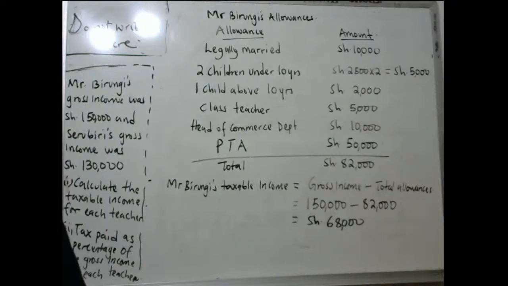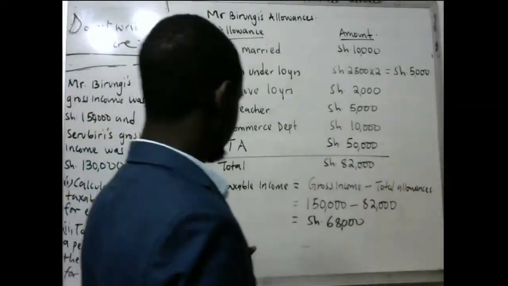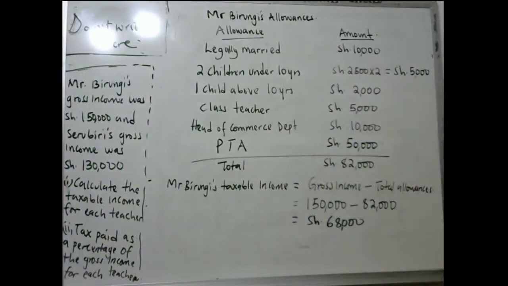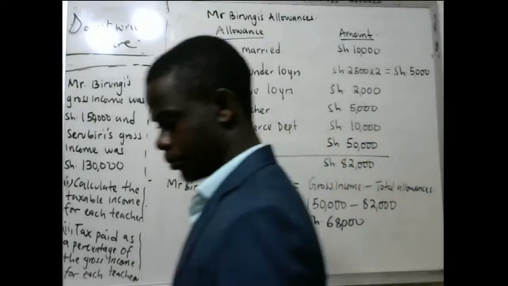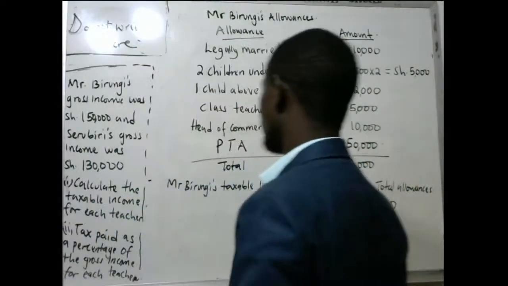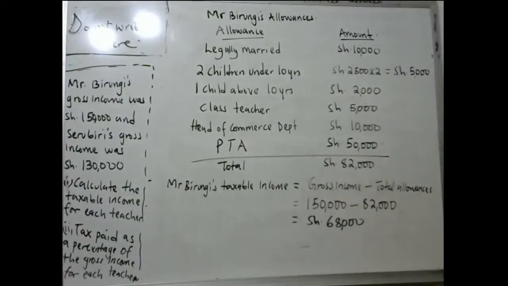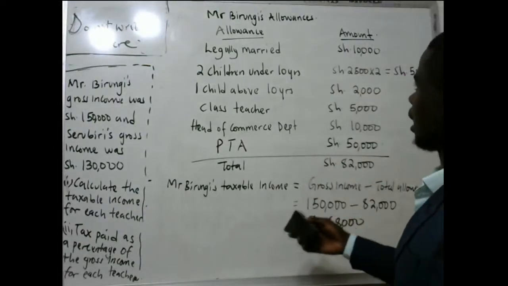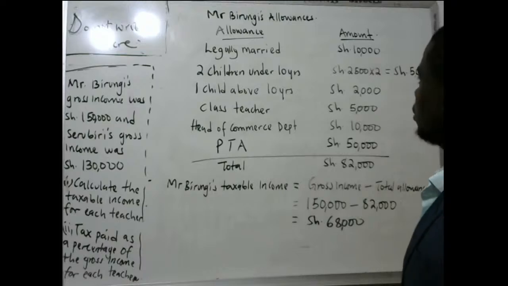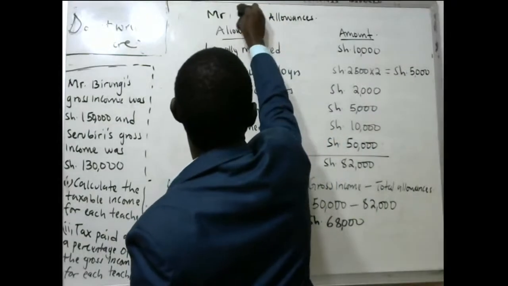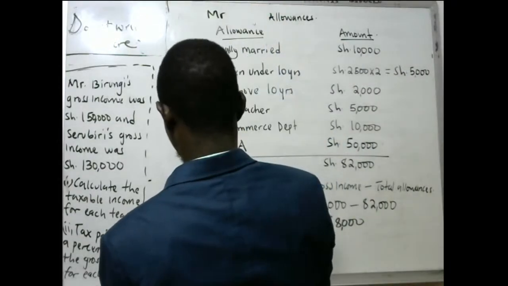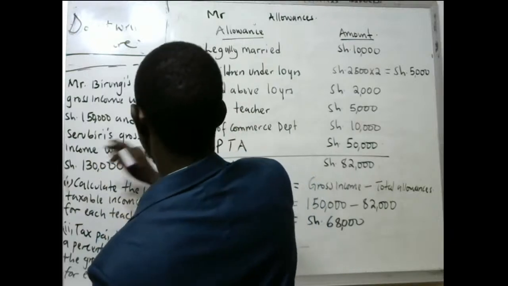Okay. Now here we are. So we have Mr. Birungi's taxable income. Now we are going to go to Mr. Serubiri. I'm going to look at Mr. Serubiri's allowances. Okay?